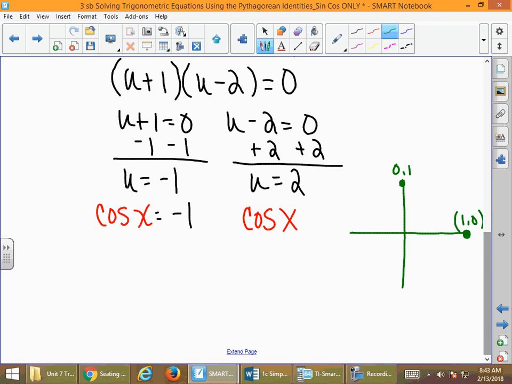Here is 0, 1. Here is negative 1, 0. And here is 0, negative 1. Cosine is the x value. So where is cosine negative 1? Well, it looks like we get x is pi.